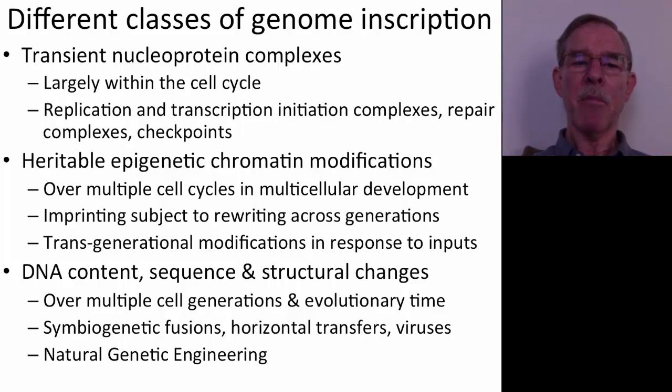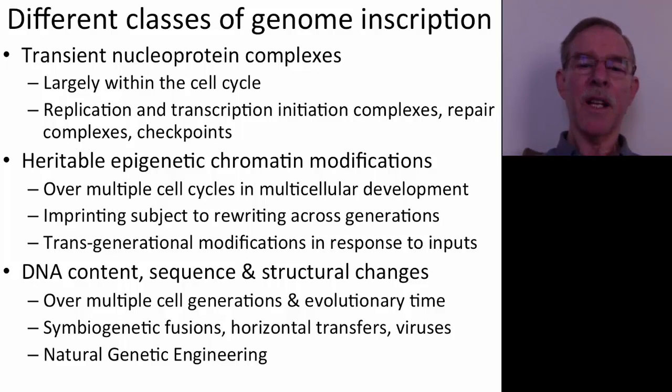Examples include replication and transcription initiation complexes, repair complexes, and the very important cell cycle checkpoints. These complexes assemble and then disassemble quite rapidly, so that they provide a short-term picture of the status of the genome, but they're only used for a very short period as necessary during the cell cycle.